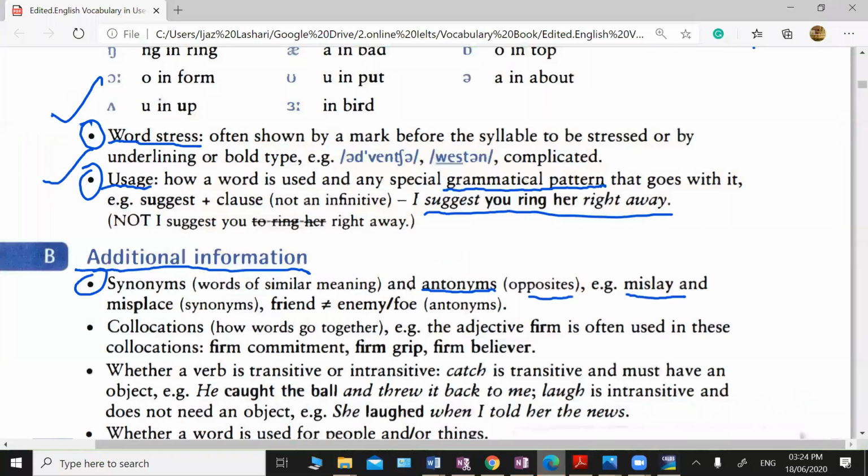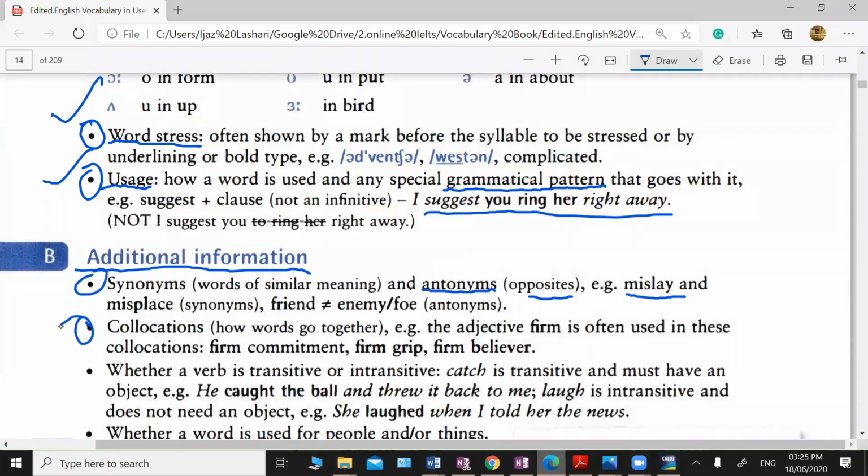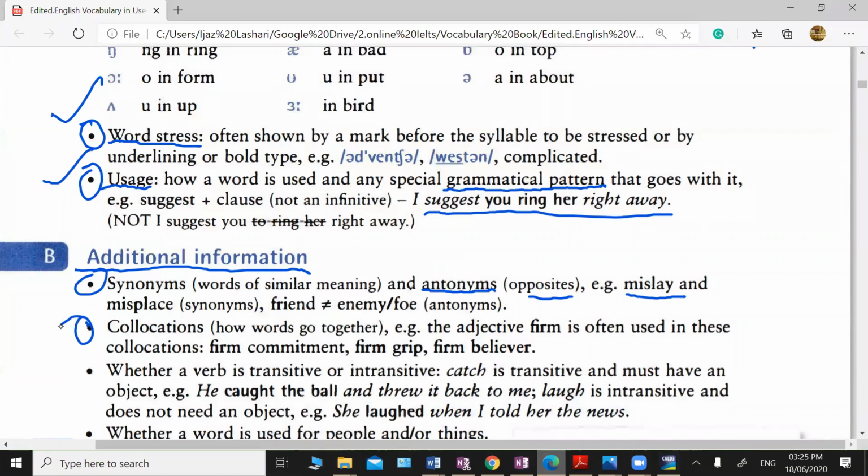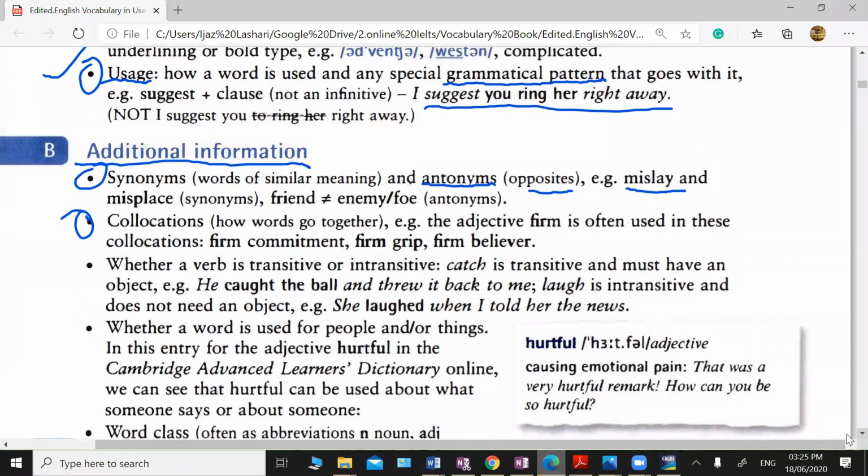Next one, collocations. We also see these collocations. We studied collocations yesterday and the day before, how words go together, meaning the word with a preposition, with a noun, with a pronoun. That also you understand from the dictionary. The adjective firm is often used in these collocations, like firm commitment.